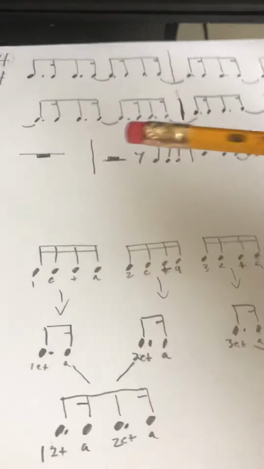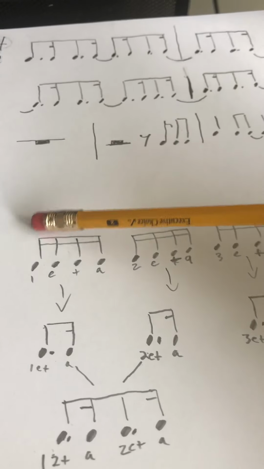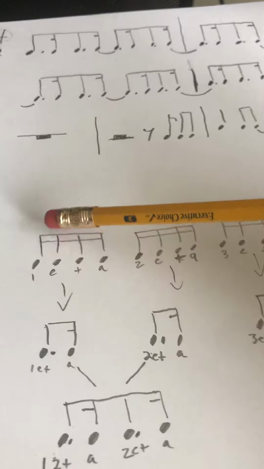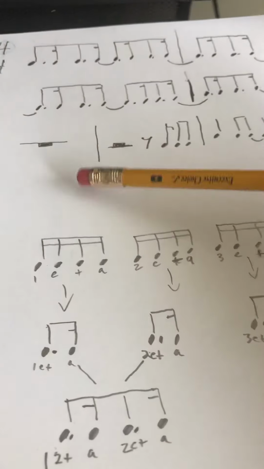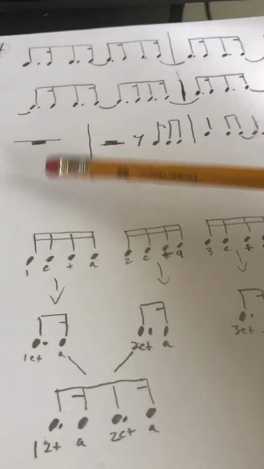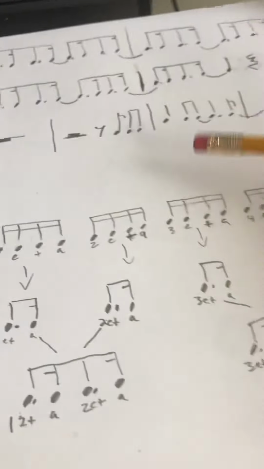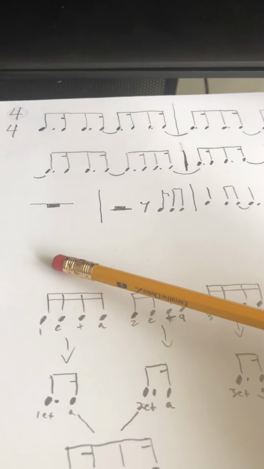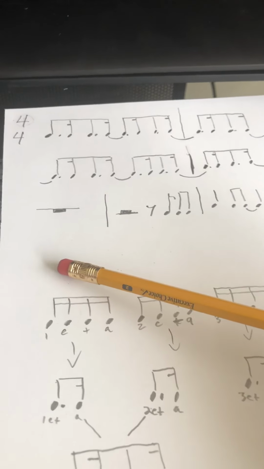Okay, so again, each one of these represents 4 16th notes. So if I'm tapping quarter notes, 1, 2, 3, 4, 1 E and uh, 2 E and uh, 3 E and uh, 4 E and uh. It's basically divided into 4 equal parts over a quarter note.